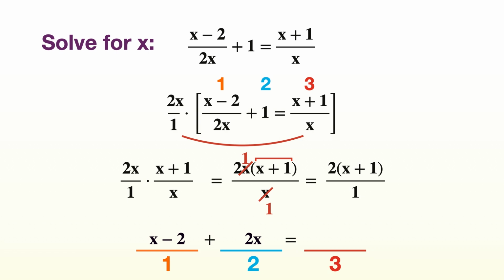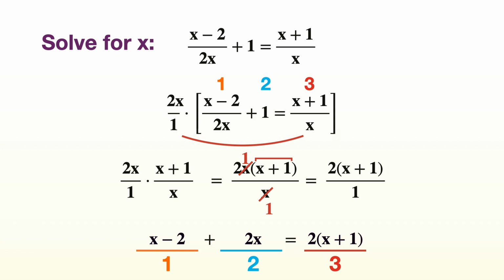In the denominator, we have just 1. Again, though, we do not have to show that 1, so we'll write just 2 times the quantity of x plus 1 in the new equation. Notice that, as we planned, our new equation does not have any x's in the denominator.